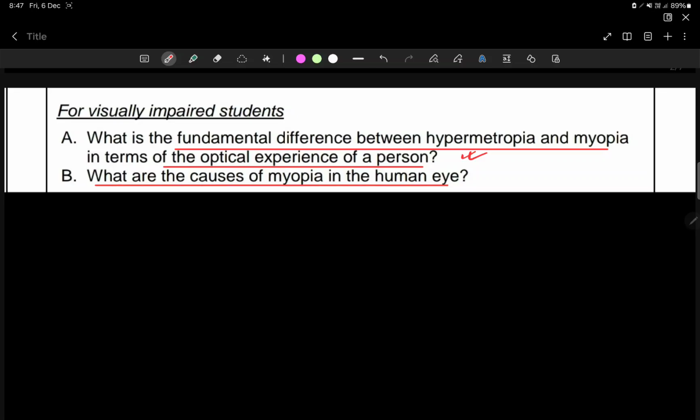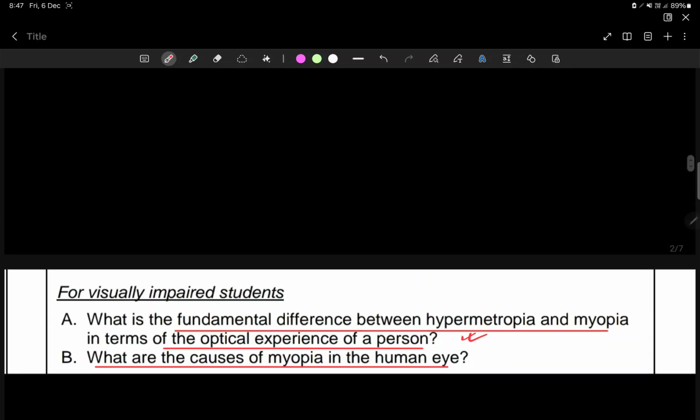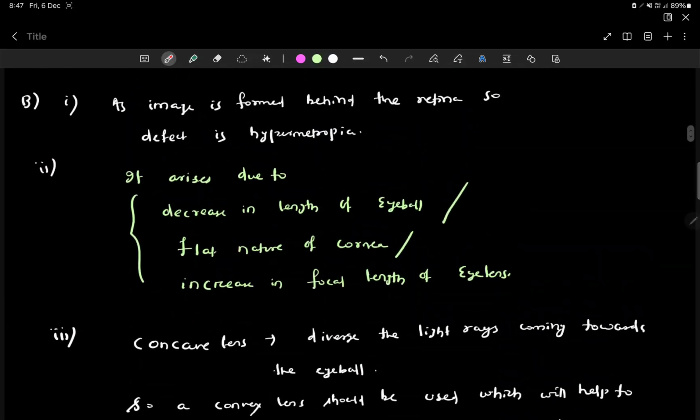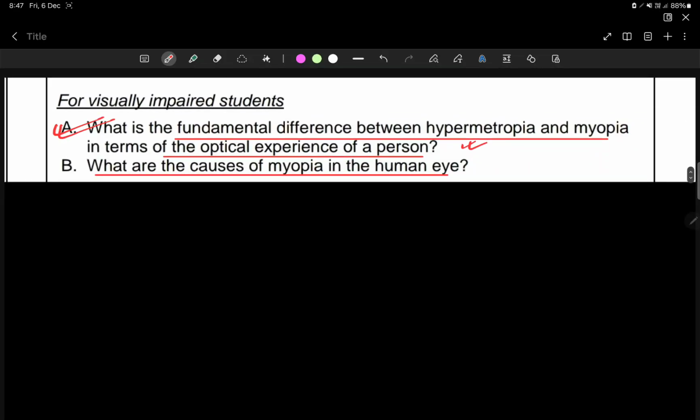That means you have to write the causes. These were the causes of hypermetropia. So what are the causes of myopia? First bit question already we have discussed. For bit B, you have to mention the causes of myopia.